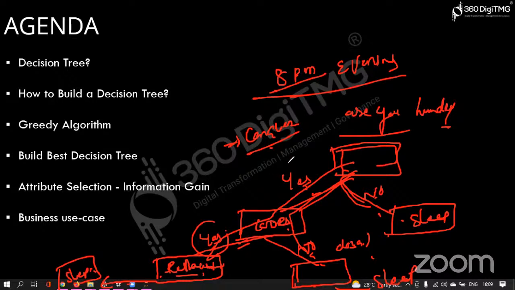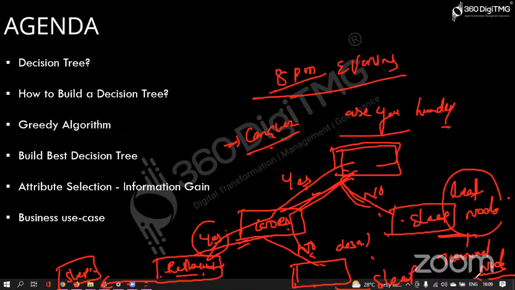I hope you have an idea of what exactly a decision tree is. Whenever a branch is ending, we call it a leaf node, or a terminal node. And where the splitting starts, that is called the root node.